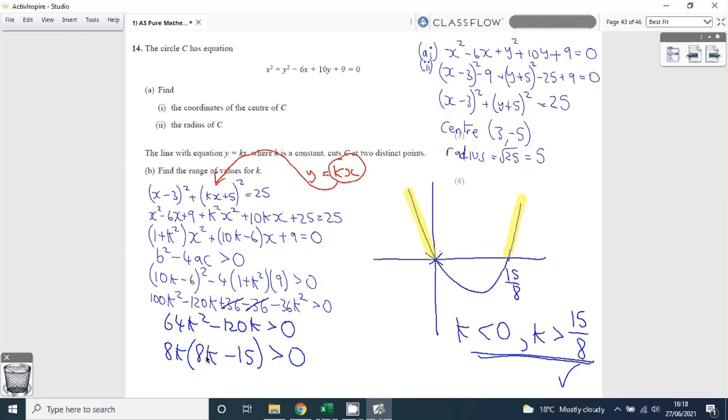This is a positive quadratic, so I want the regions where it's greater than 0, which is this set of points here and here. So it's wherever k is less than 0 and where k is greater than 15 over 8.